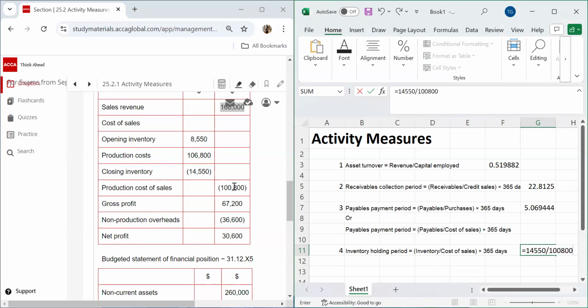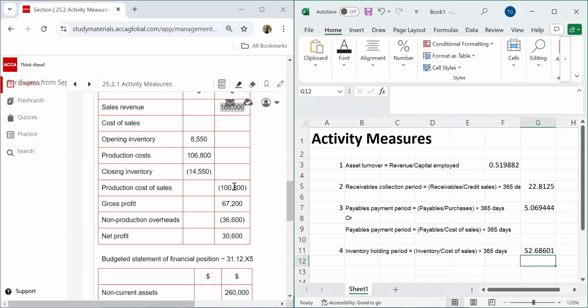And this figure now needs to be multiplied by 365 days. So you get roughly 52.7 days. So 53 days is what it takes for you to sell the inventory. Once it is in your storeroom, it'll stay there for 52 days. On the 52nd or the 53rd day, that's when the product is going to get sold.